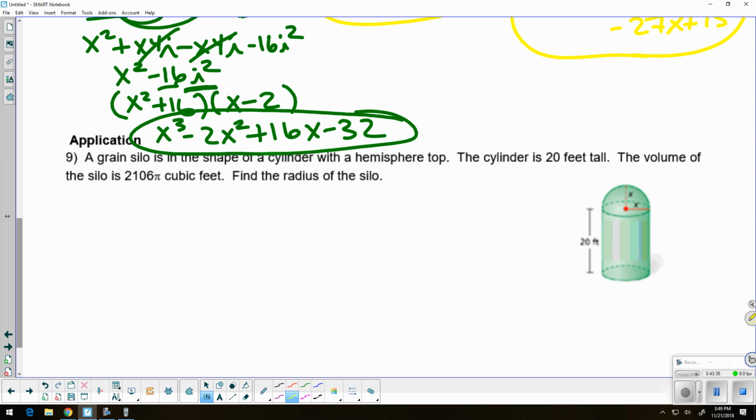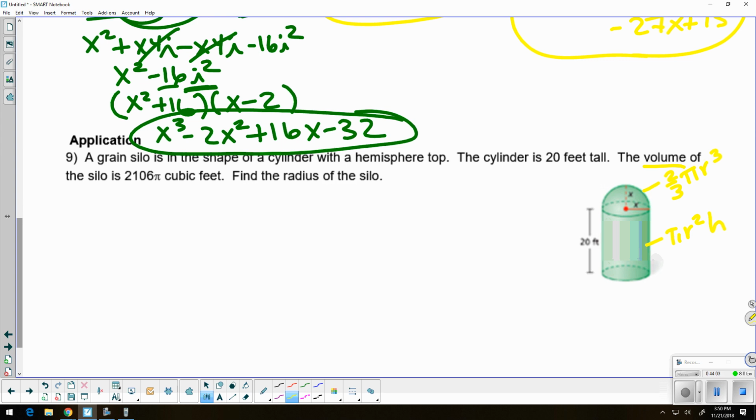Okay, well, first of all, they're talking about volume. The volume of the entire silo we know is 2,106 pi cubic feet, but you have to know how to find the volume of each shape. The volume of the cylinder at the bottom is pi r squared h, and the volume of the hemisphere on top is 2/3 pi r cubed.